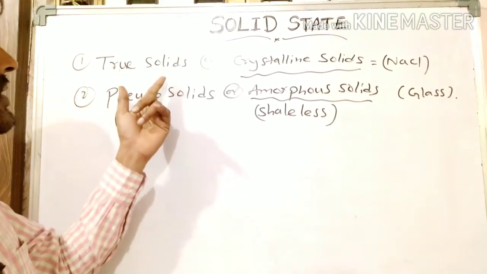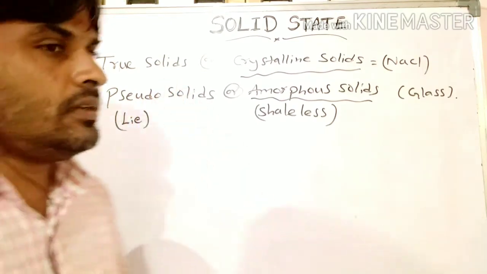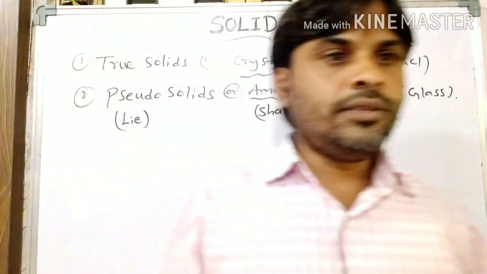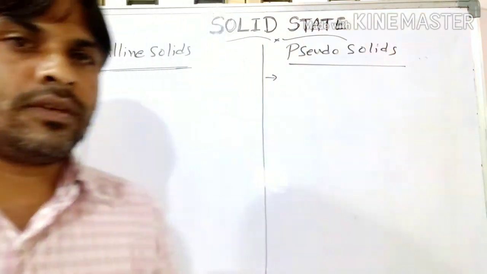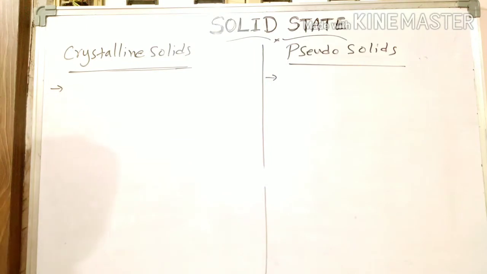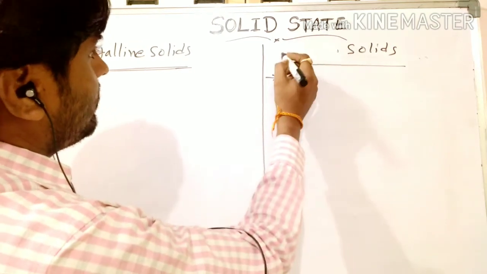We will study the differences first. What are the main differences between true solids and pseudo solids, also called amorphous solids?